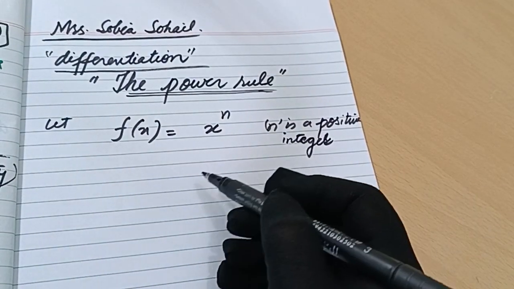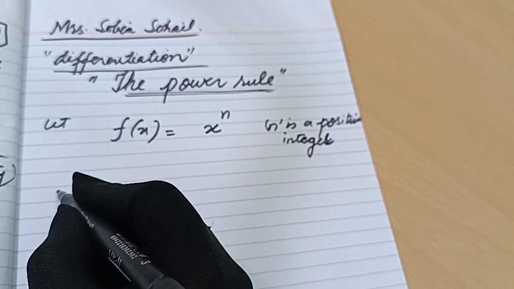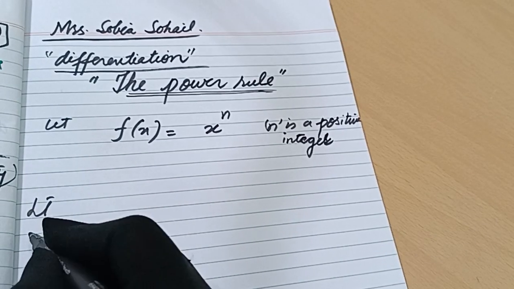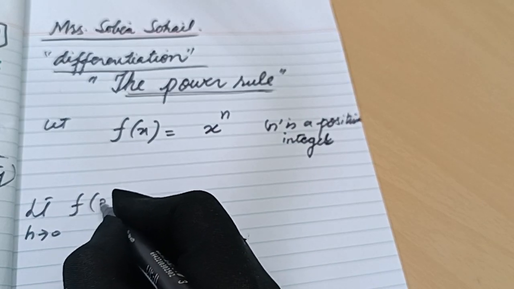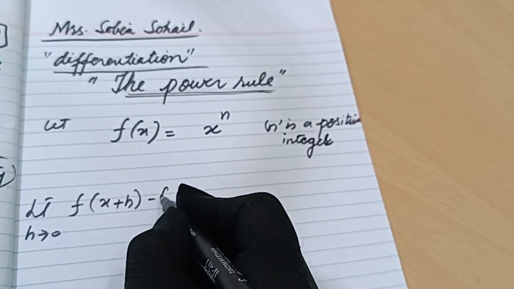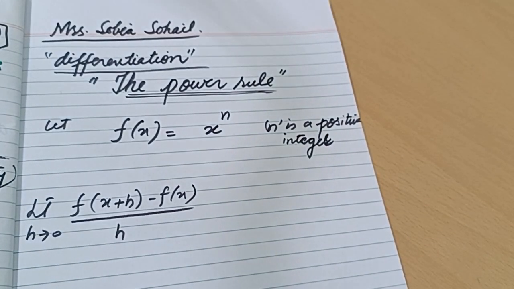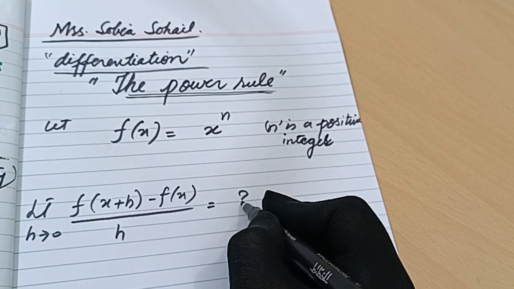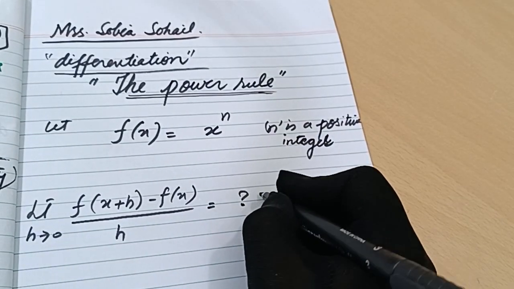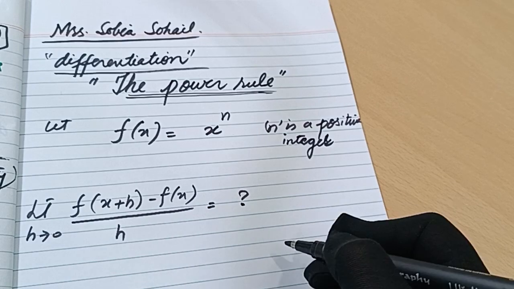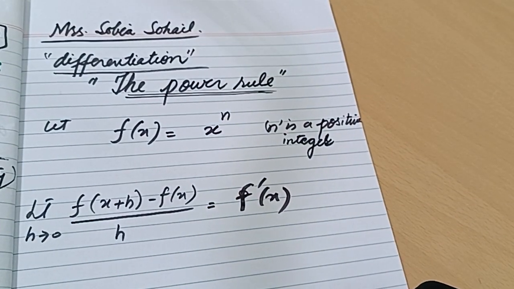According to the derivative definition, we have to find the limit as h approaches 0 of f of x plus h minus f of x over h. When we apply the limit, that equals f prime of x, the derivative of the function.